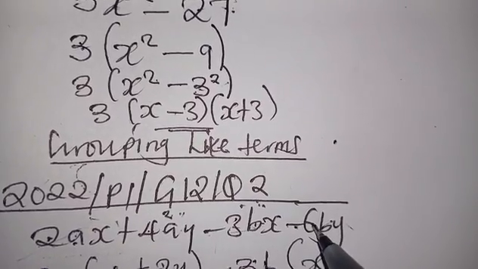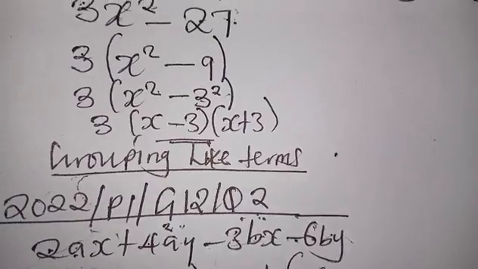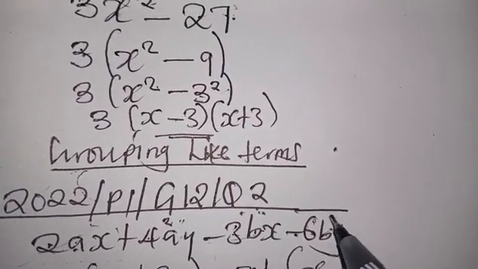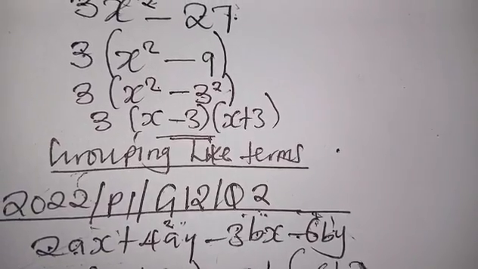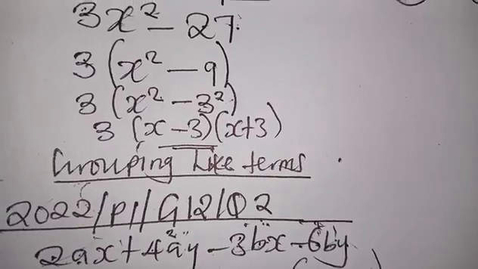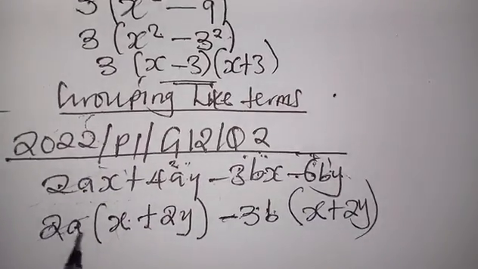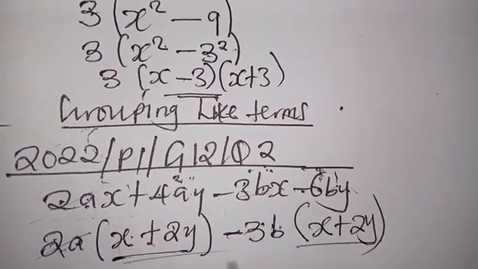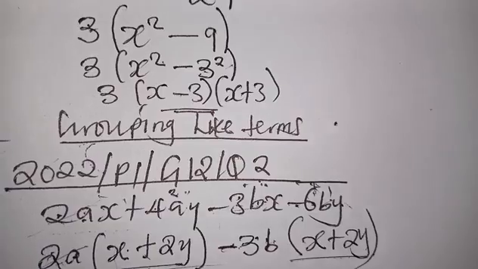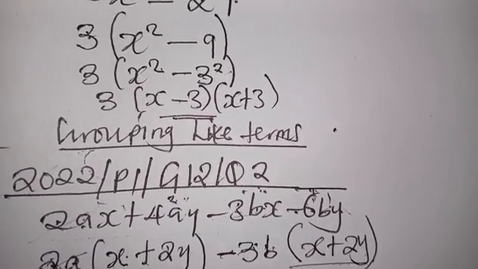Negative 3 into negative 6, the answer is positive 2. B into b, the answer is 1. Positive 2 times 1, the answer is positive 2. Then you say y. So for this one, you have to make sure that whatever is in the brackets, the factors, are the same. Then you just get 1 and what is outside.